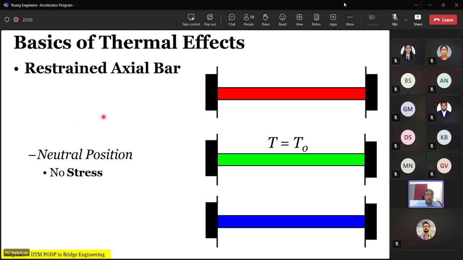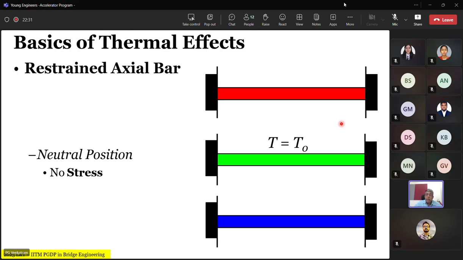Let us understand the basics of thermal behavior. Imagine a bar which is restrained against deformation at the two ends, and there is a neutral position when the temperature is equal to T naught. At this neutral position there is no stress. The question now is, what happens when the temperature goes below T naught?